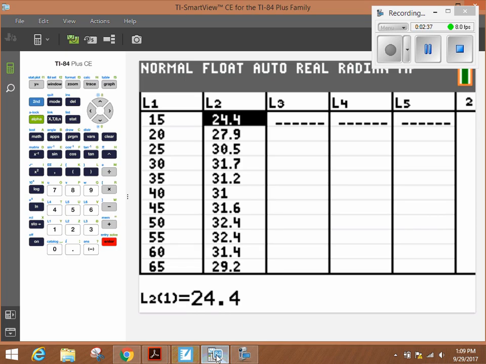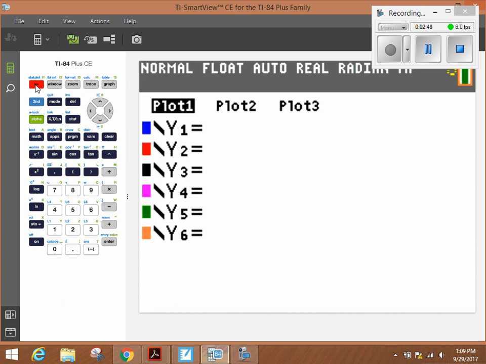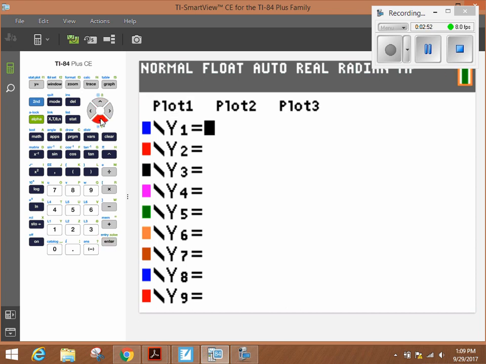Remember, once we had our data entered, in order to get our graph, we need to first make sure that we go to our stat plot. You can enter it from here, right? So right now my plot 1 is on. If it looks like that, it's off. I want it to be on, so I'll hit enter and make sure that that's bolded.